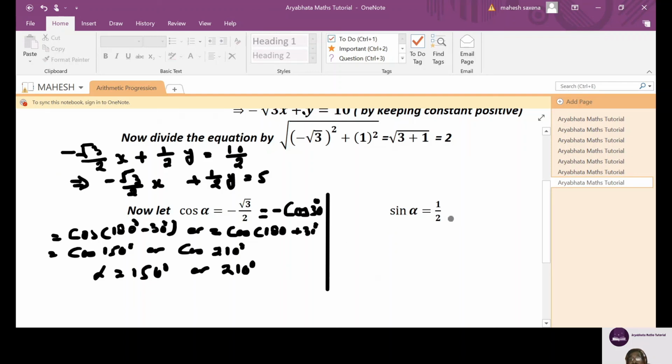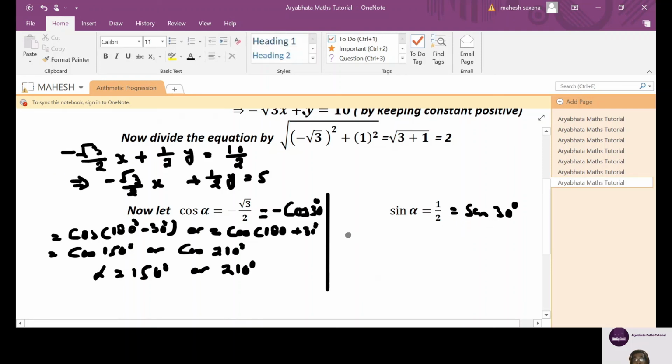Similarly, sin alpha is equal to 1 by 2. It can be represented as sin 30 degree. Now it is positive, since sin is positive only when the angle is in the first quadrant or second quadrant.